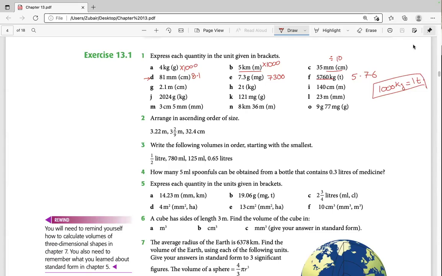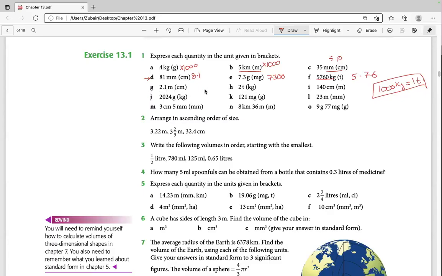So look at this: A, B, C, you knew, multiply or divide. D, yes. E, yes. In F, you still knew it is 1000. But sometimes it happens that it is times 1000 or divide by 1000. So we'll only get one chance in the exam. We'll read it carefully and we'll score full.